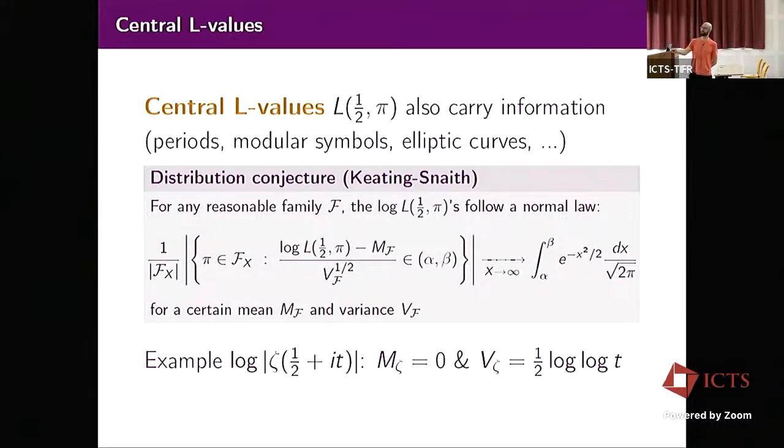For instance, that started with Selberg's result that if you look at the zeta function and its values on the critical line, its logarithms are also distributed along a normal law with mean 0 and given variance. And the conjecture just generalizes that.